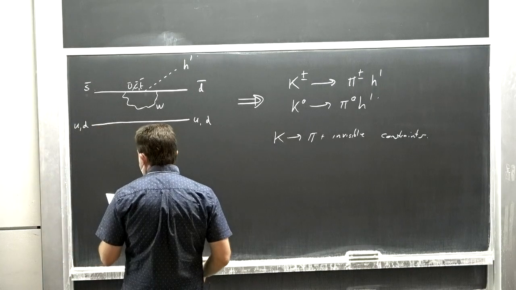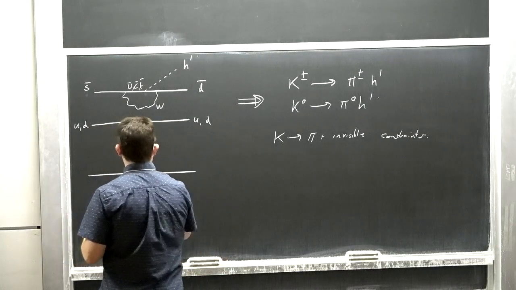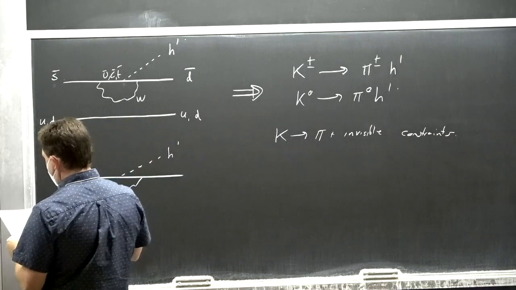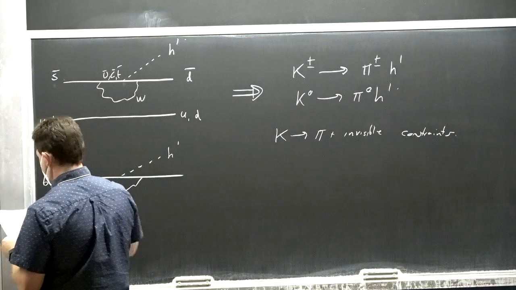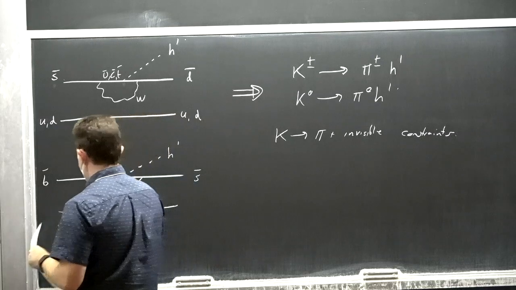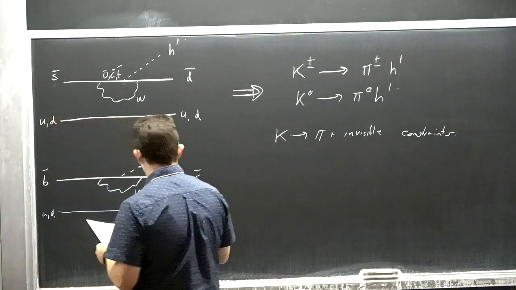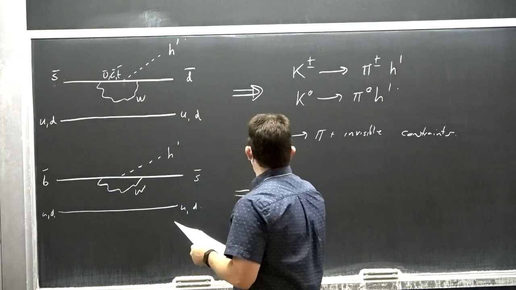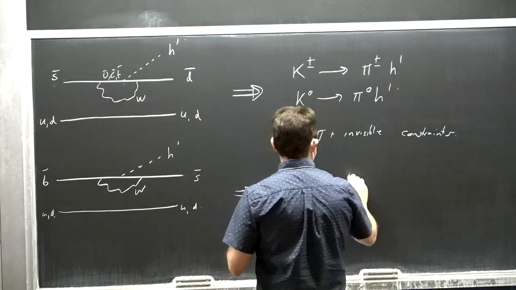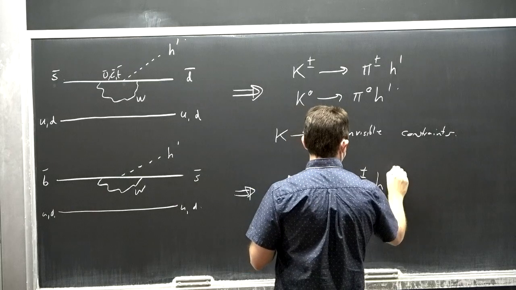So at slightly higher masses, there's an analogous process that involves, let's see if I draw this right, B quarks. And so this implies B plus minus decays to kaons.